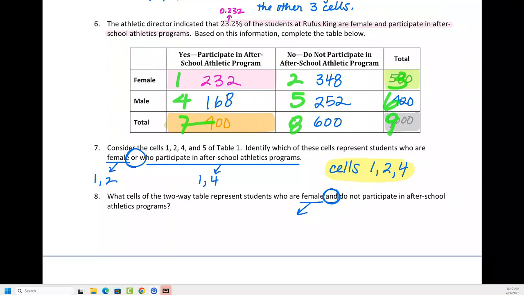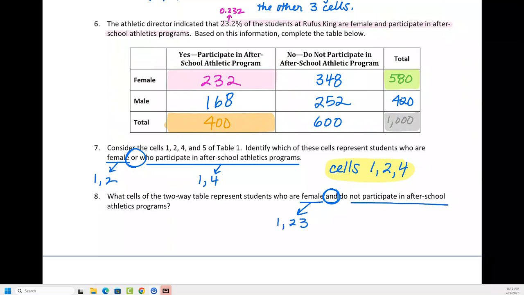What cells represent students who are female? 1, 2, and 3. They didn't limit the question before, limiting us just to 1, 2, 4, and 5. This time it didn't limit us, so it's going to be 1, 2, and 3.